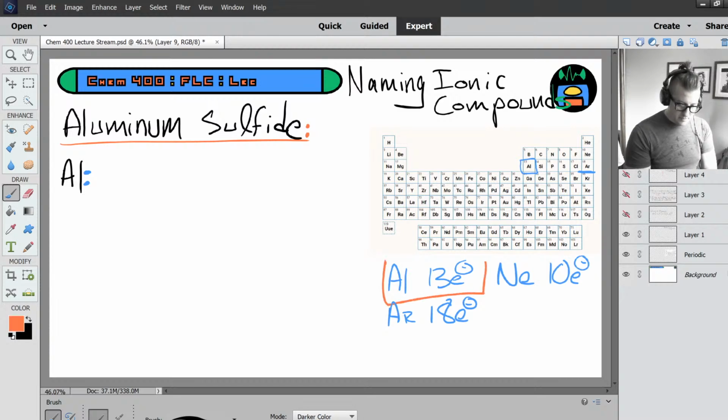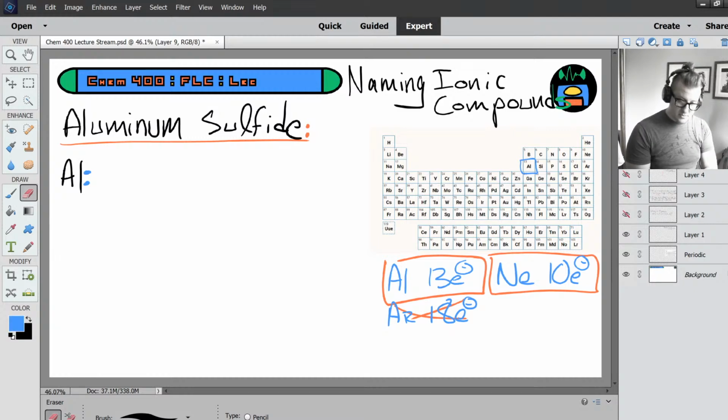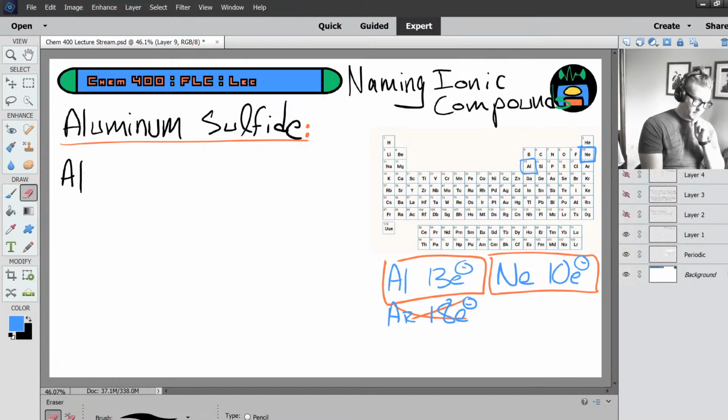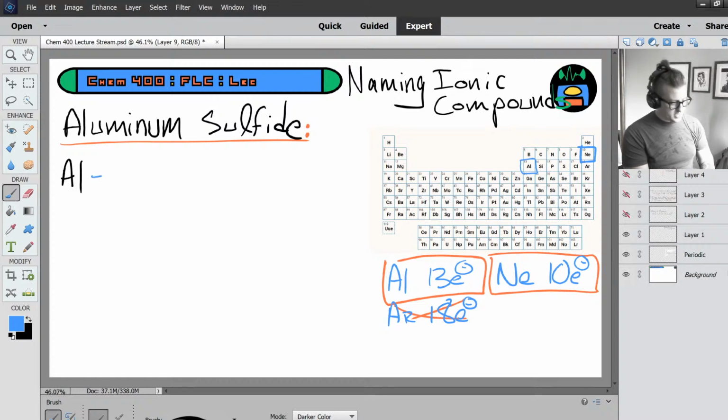So aluminum is actually closer to neon, not argon, even though they're not on the same row. So be aware of that. What determines your nearest noble gas is not the row necessarily, it's the electron count. And aluminum is a lot closer to neon, electron count wise, than it is to argon. So that's one reason why aluminum is Simon the Devious.